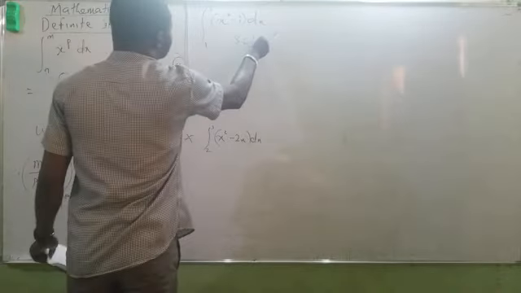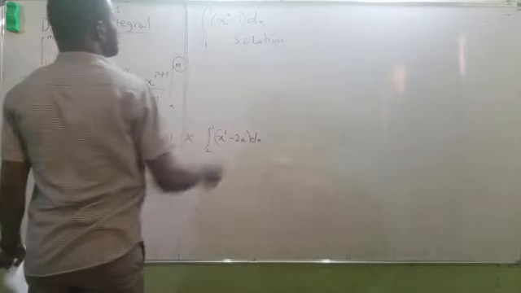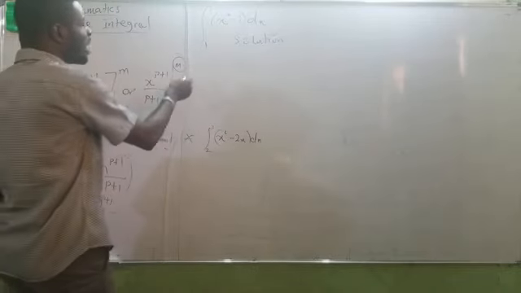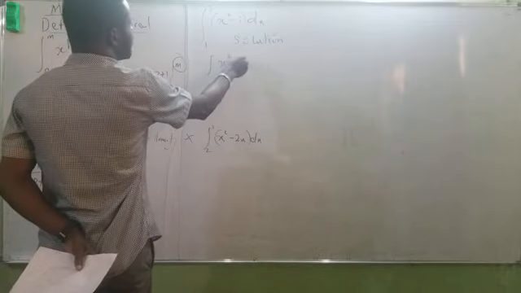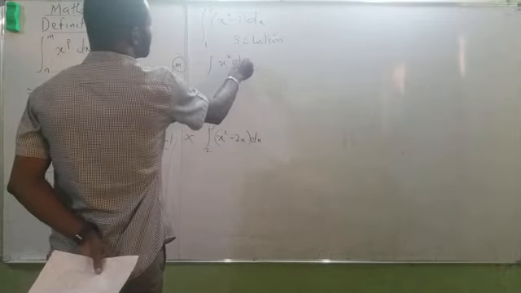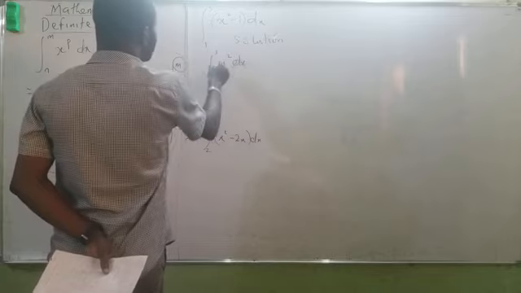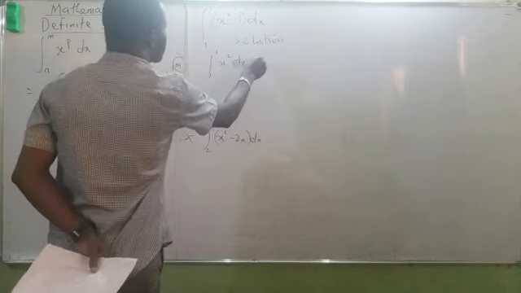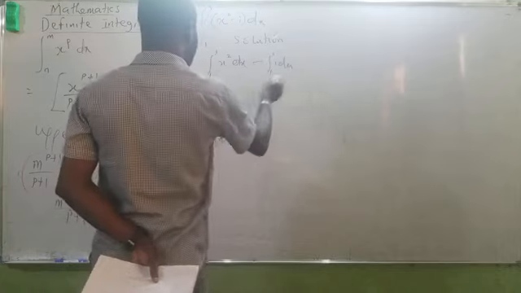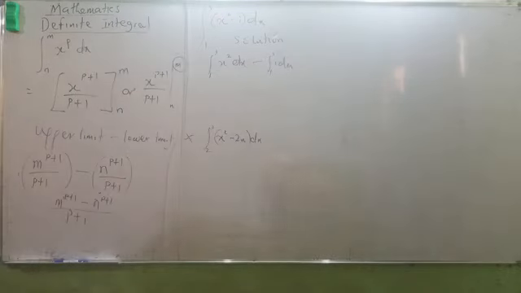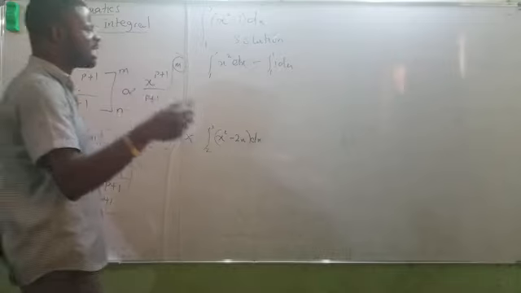Solution to this problem. What you just need to do is that I will be having the integral of x squared minus the integral of 1 dx, from 1 to 3. I'm just telling you that you can break it down like the way we did in the last video.